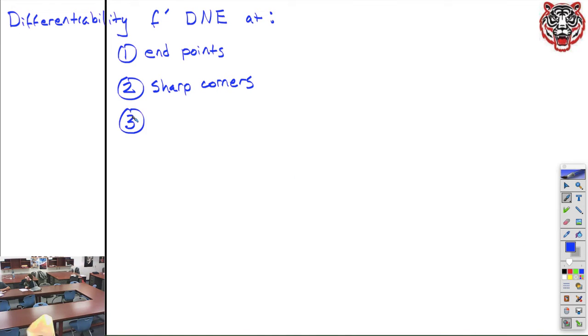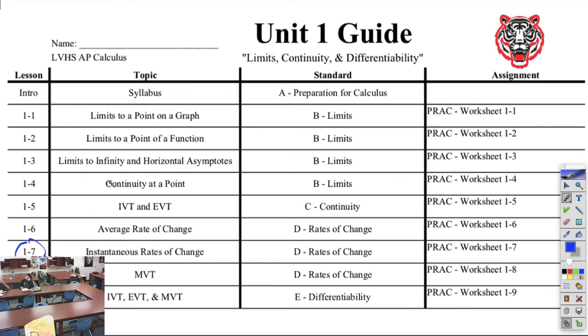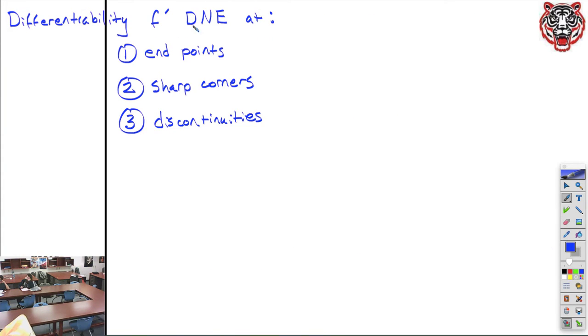Three, discontinuities. This is a review of lesson 1-4, continuity at a point. Do we remember what the four discontinuities are? We'll list them here in the notes again.